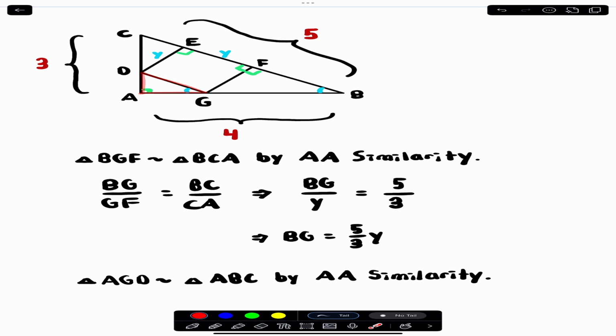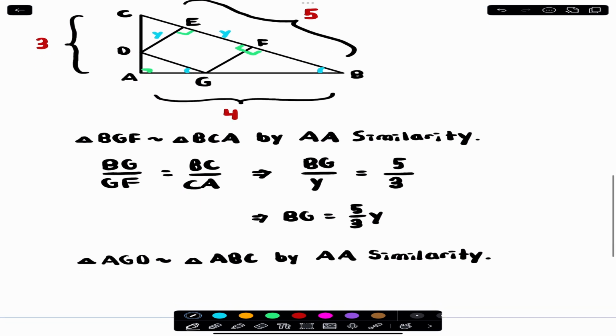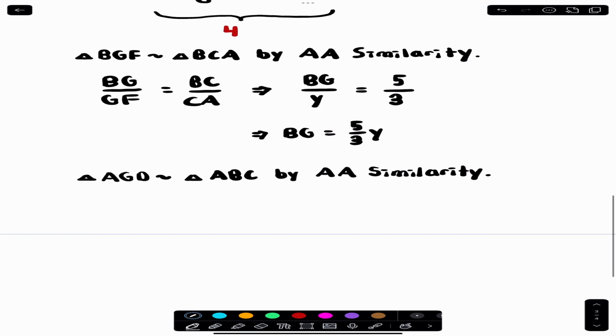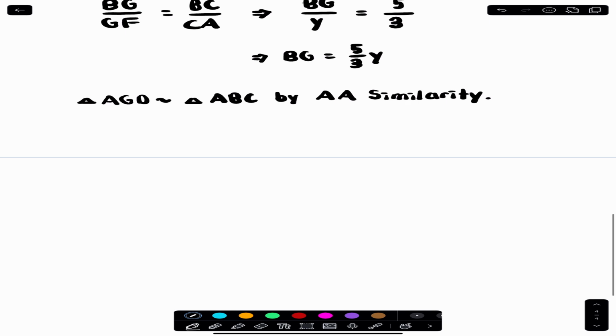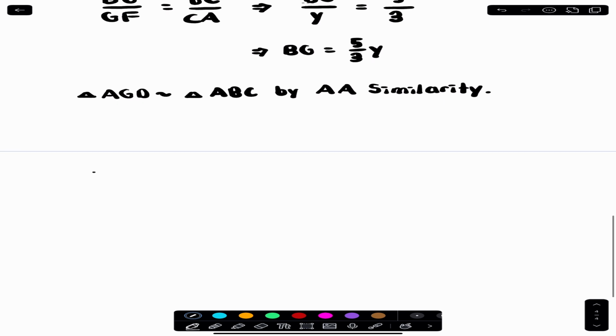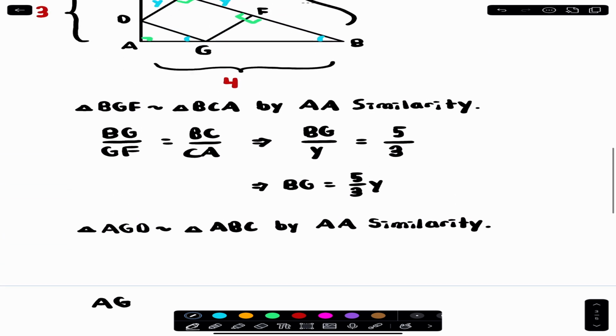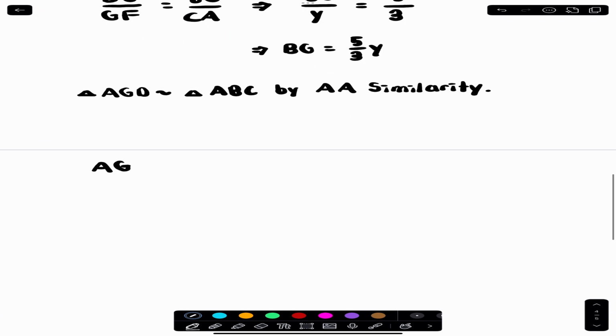So I'm talking about this smaller triangle sitting within this bigger one. And I want AG, so our ratio will involve AG. I'm going to carry over to another page. So AG over GD should be equal to AB over BC.